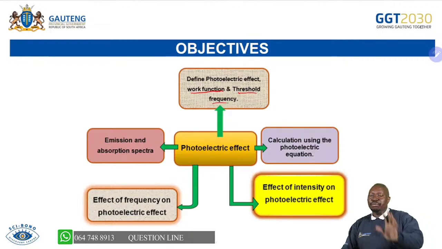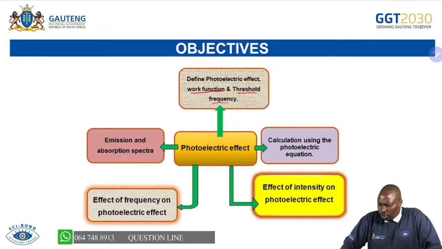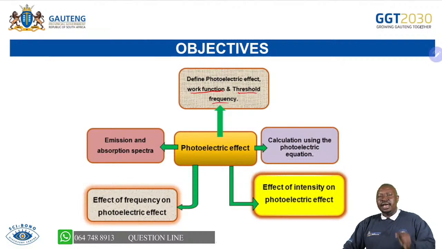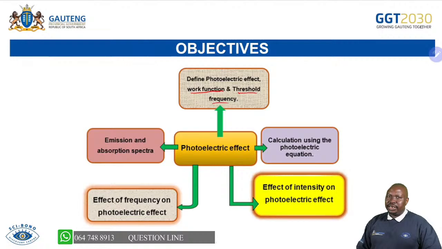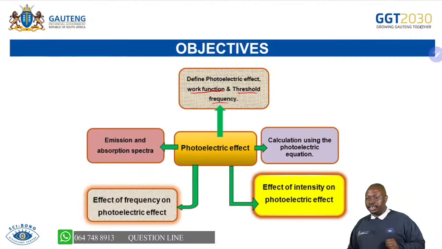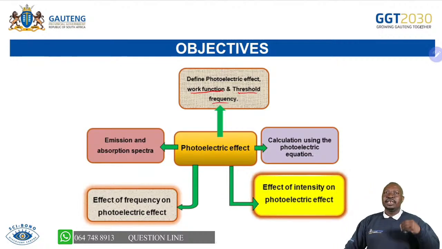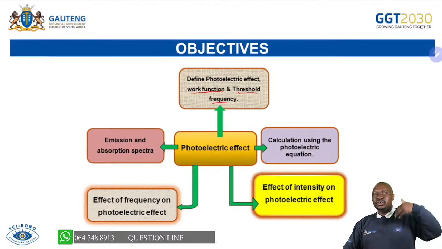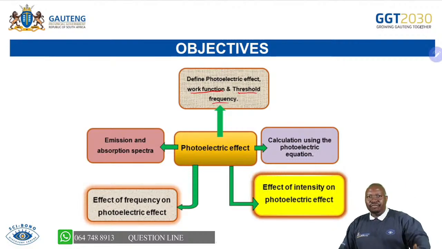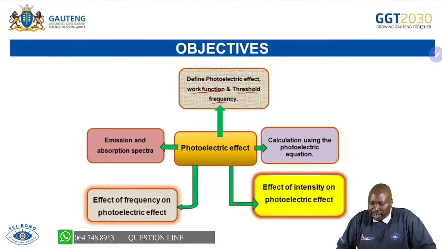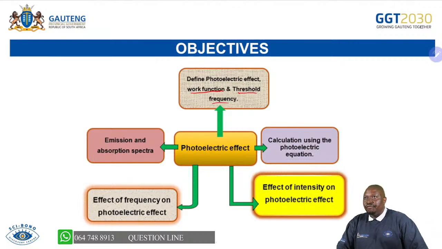Those are the three most important definitions that you must know at the end of this lesson. And I said to you as well, know what a photon is, which I said is a packet of energy. So those four things, the definitions, you must know them, you must sing them, because as you write your prelim exams and your final exams, you will be asked to define photoelectric effect, define work function, define threshold frequency.